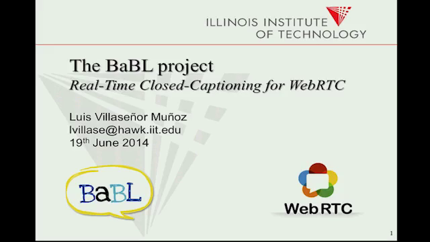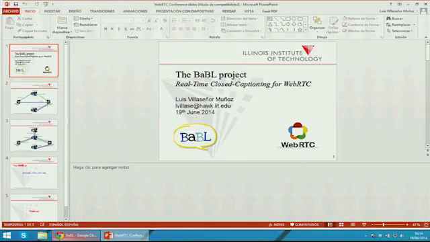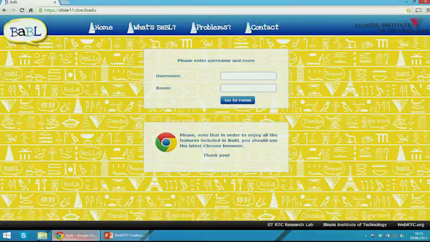And let's take a look at the application. When we started developing the application, the main goal was to develop a WebRTC application that is able to provide real-time closed captioning in order to help hearing impaired people.